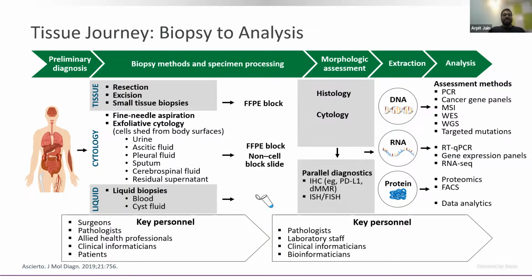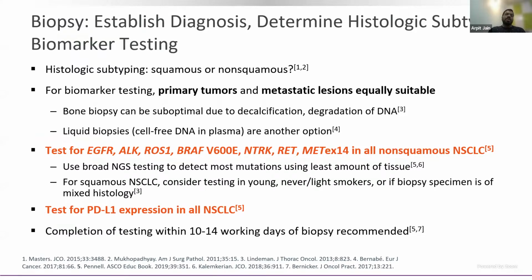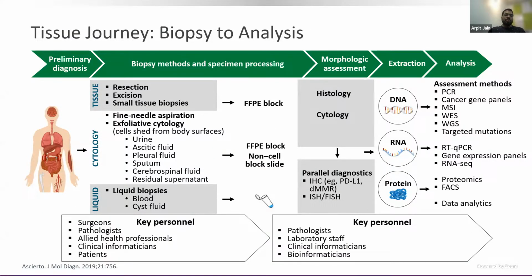Then reflexly we send the specimen for further molecular testing, which could be IHC based, FISH, or directly multiplex based, which could be NGS also. Similarly, liquid based specimens can also be used for assessing various molecular testing.